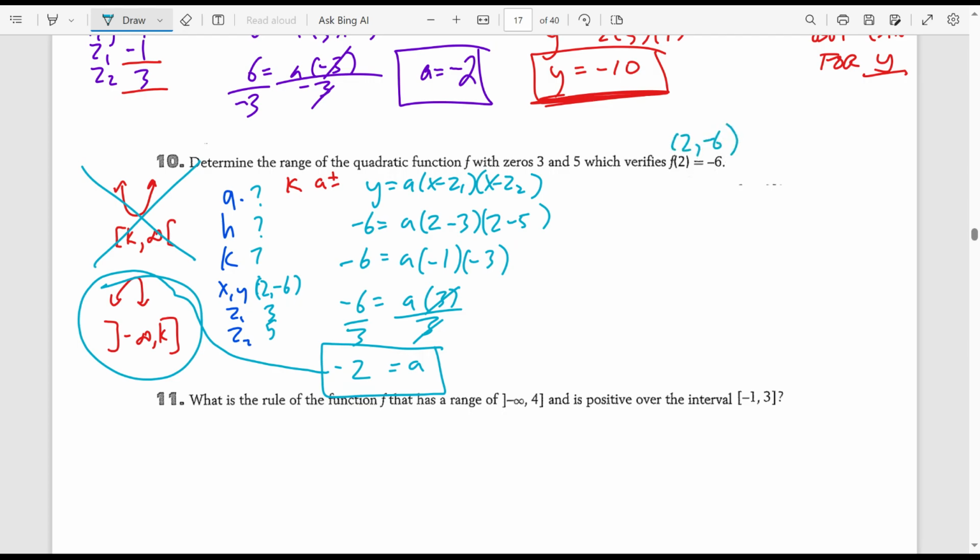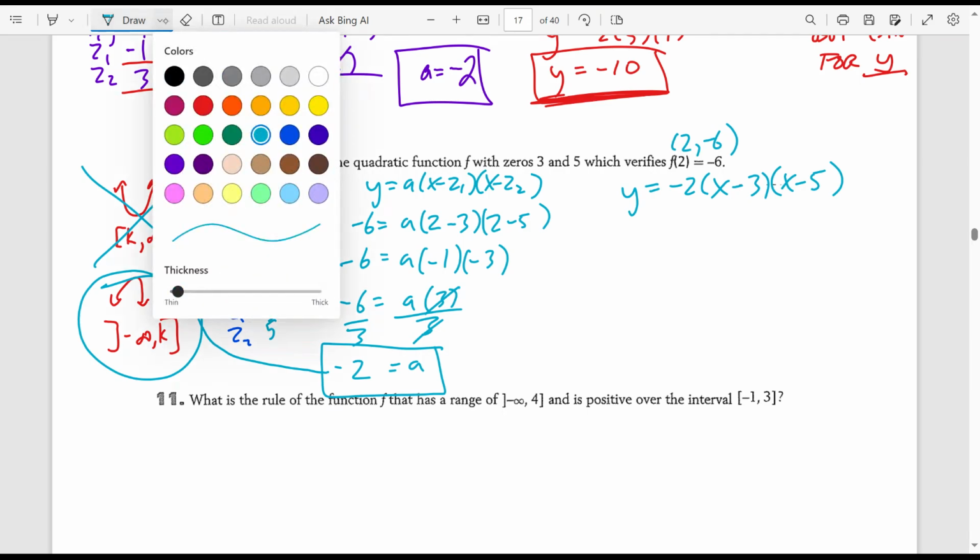Awesome. So if you go to your formula sheet, let's put it down here. I've got the rule, x minus 3, x minus 5. I know when I go to my formula sheet, I've got to look for k. There's a little addendum that says I can't solve k unless I get h first.